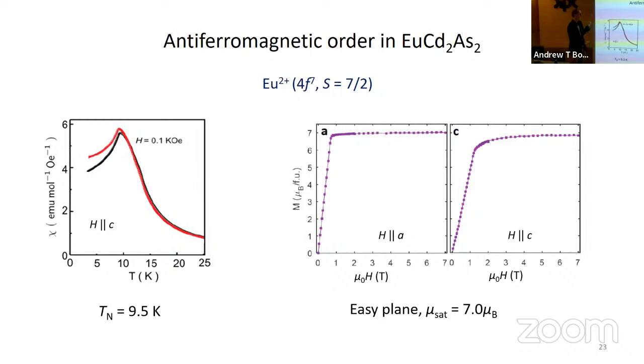And the saturation value of the magnetization corresponds to the fully aligned 7 Bohr magnetons that you expect for a pure spin 7/2. So this is confirming that the moments on these europium spins are not participating in any kind of metallic process. They're just fully localized F moments.